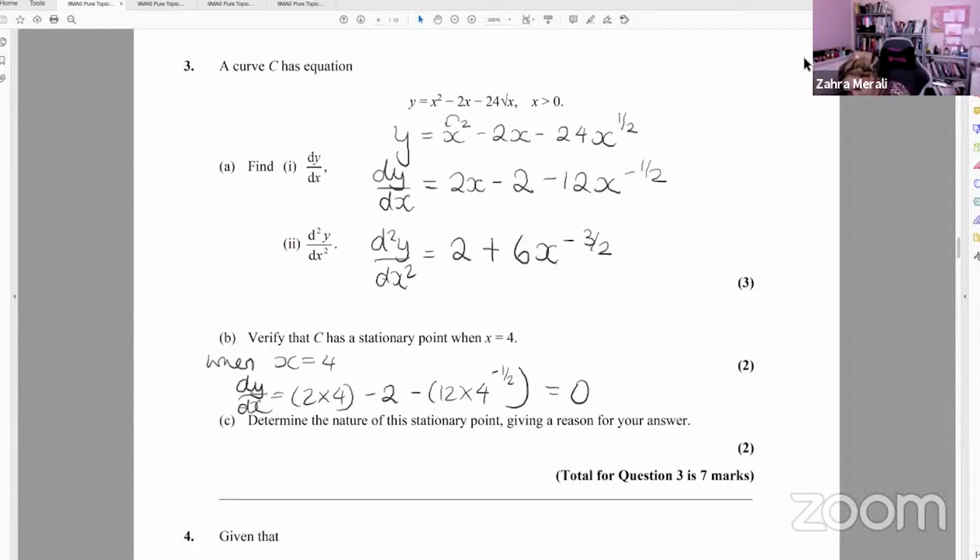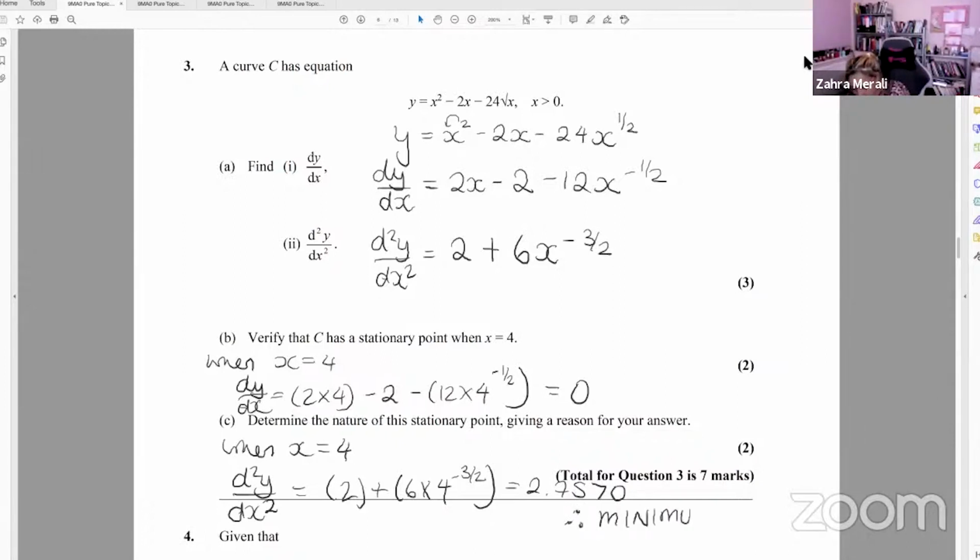So when x equals 4, and you're just going to plug it into your calculator, d squared y dx squared equals 2 plus 6 times 4 to the power of minus 3 over 2. And that gives me 2.75, which is greater than 0. So we've got another minimum. Therefore, and those 3 dots will be therefore, minimum. Okay, let's go to the next question.